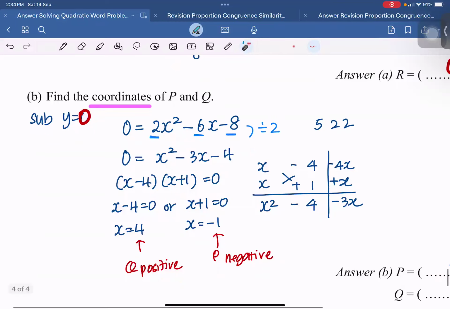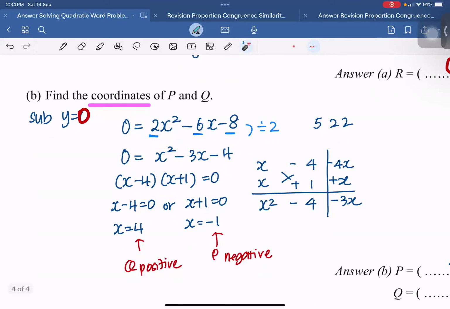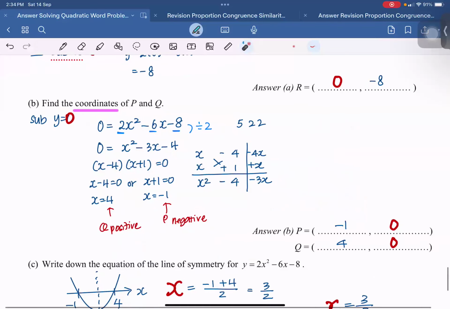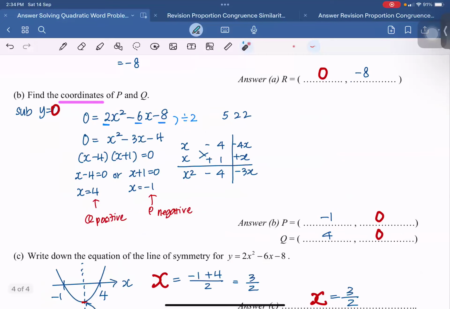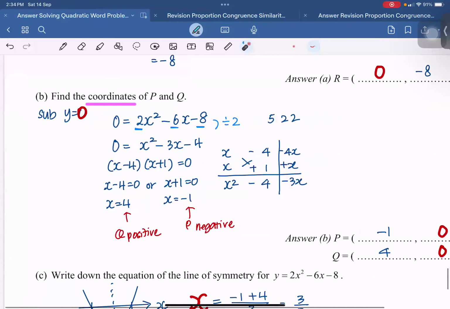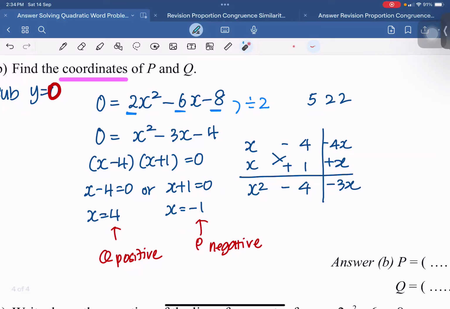For those even in Sec 3, we have to do factorization already. We cannot do the mode 3 because I'm not solving the equation there. But of course, if you want, you can do so on your calculator and then write down the answer. Notice this one only got very little marks, most likely 1 mark each. So even if you do your mode 2, you can choose not to write the working and get the answer straight away.